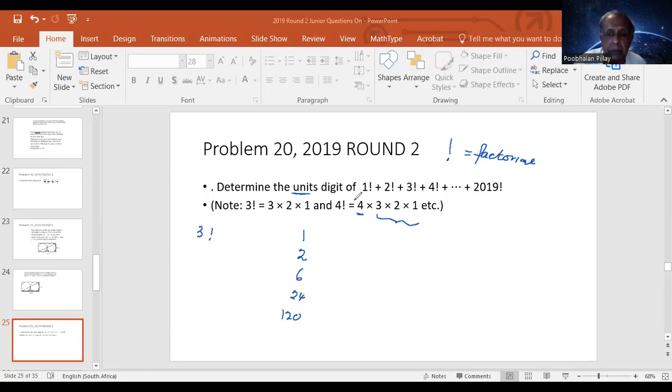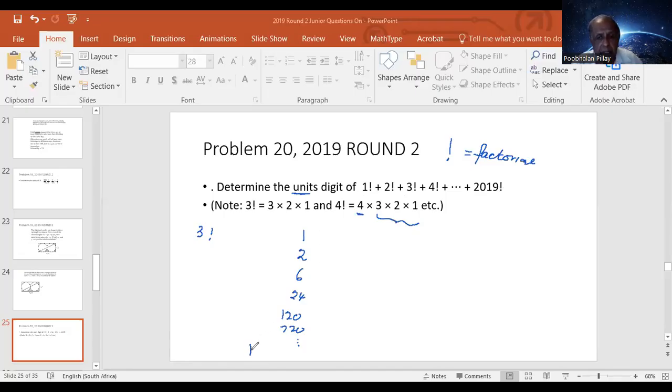You can try it. 5 factorial is 5 times 4 times 3 times 2 times 1. But this part we already know is 24. That's why you get 120. The next one will be 6 times this, which will be 720. The next one will be 7 times this, and so on, going all the way up to 2019.